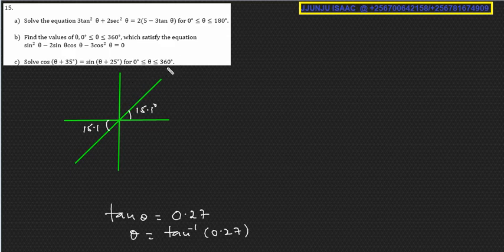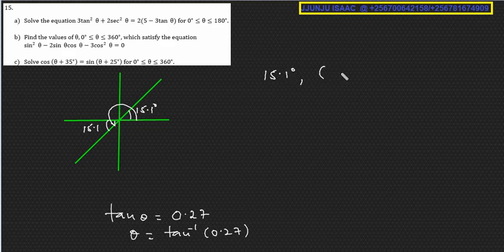So we have to move from 0 to 360. So the first one is that 15.1, where tan is positive, it is here, so that is going to be 15.1 degrees.